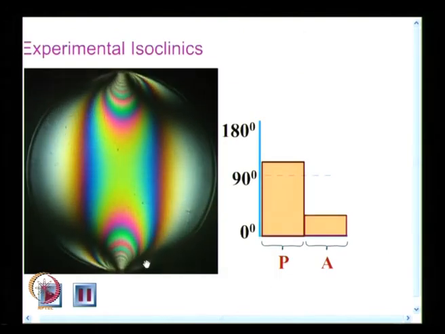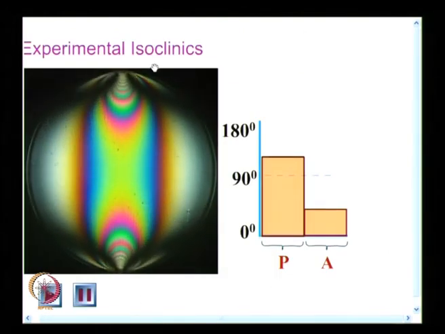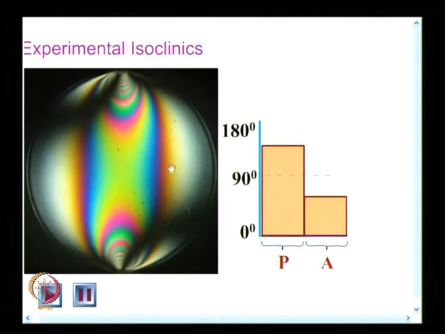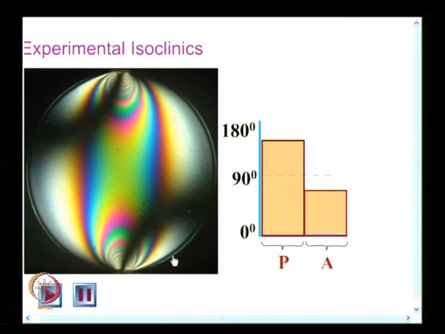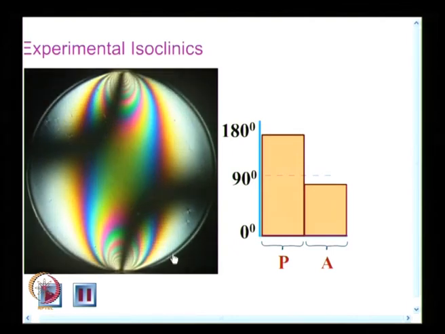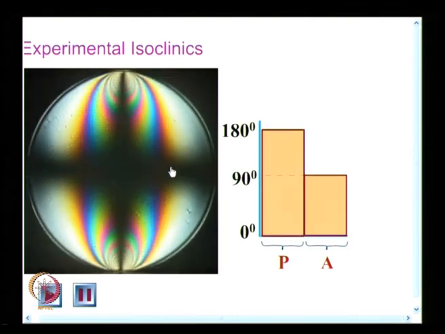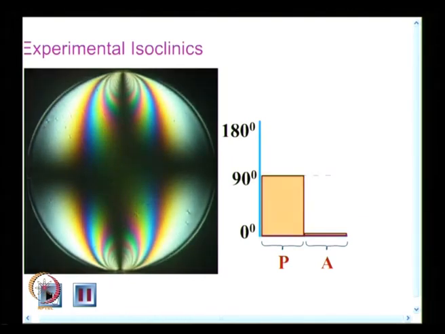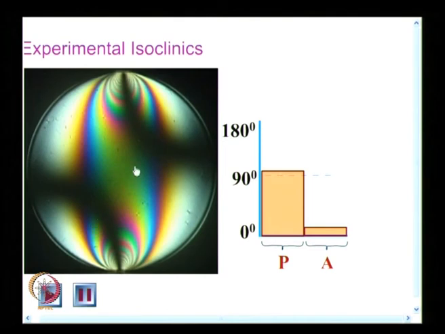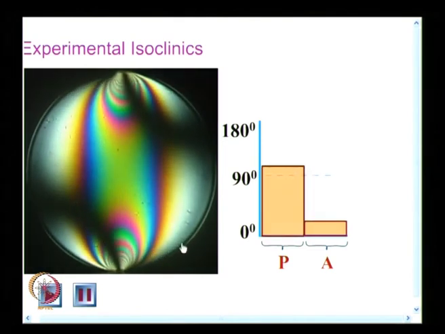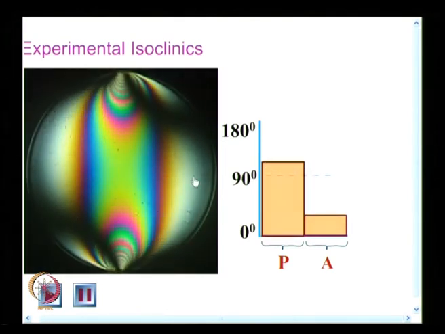What I find here is experimental isoclinics, and the whole image looks blurred; a black contour moves over it. A black set of contours moves over colored bands. Can you identify the colored band, because you had seen this earlier? Can you identify the color band?